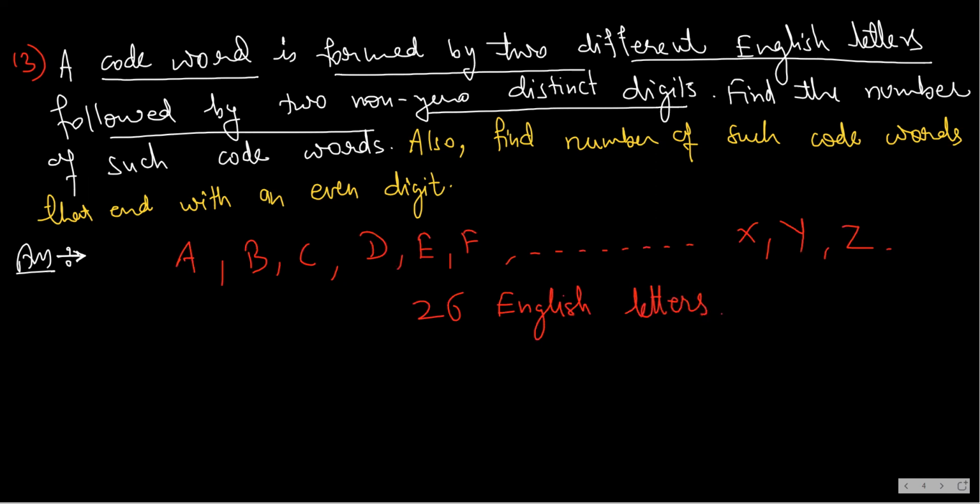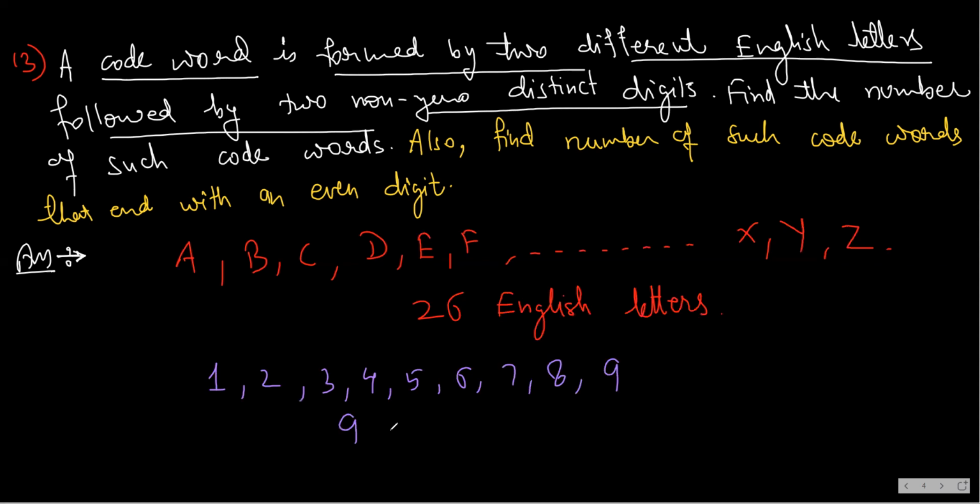Okay, now in digits, how many non-zero digits do we have? The non-zero digits are 1, 2, 3, 4, 5, 6, 7, 8, 9.